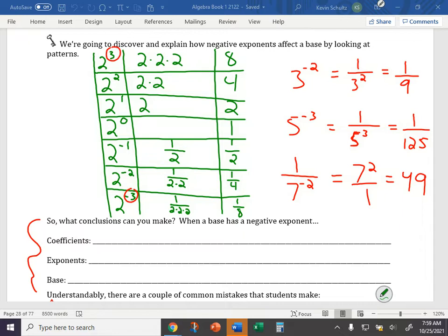And they looked at this, and what all that you're saying is correct, but kind of as a summary, what happens is the exponent moves to the other part of the fraction and becomes positive. Okay? The exponent moves to the other part of the fraction and then becomes positive.